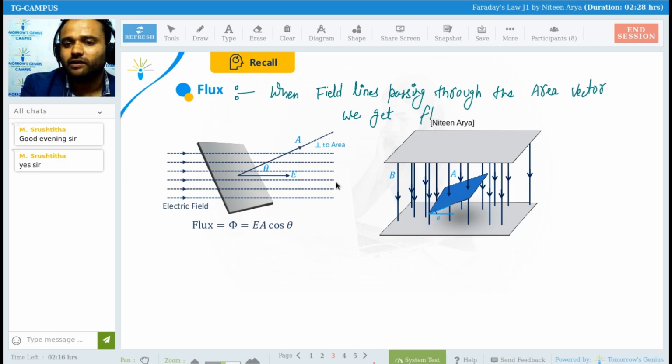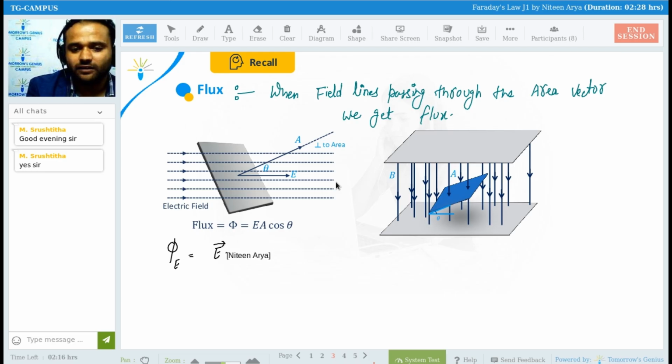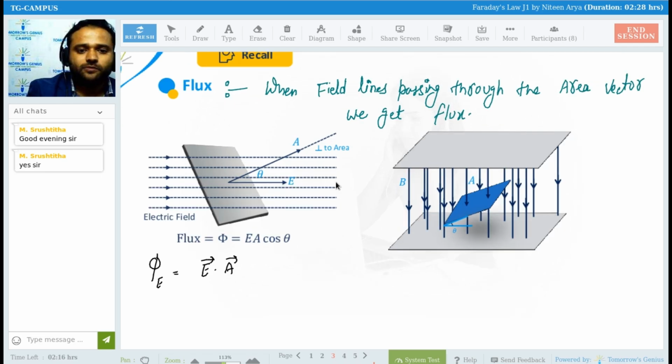Okay, we get flux. In general, we have two types of flux: electric flux phi E, which is electric field E dot area vector, that is EA cos theta. Is this clear, everyone? In the same way, on the left hand we have electric flux, electric field passing through a unit area, and on the right hand side we have magnetic flux.